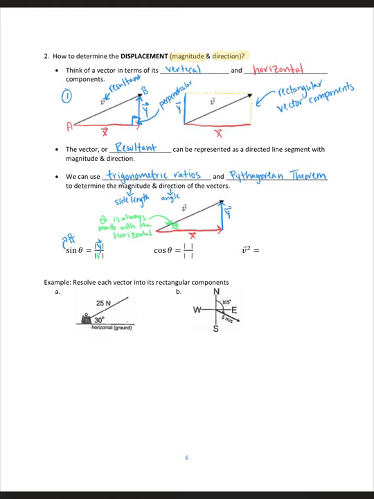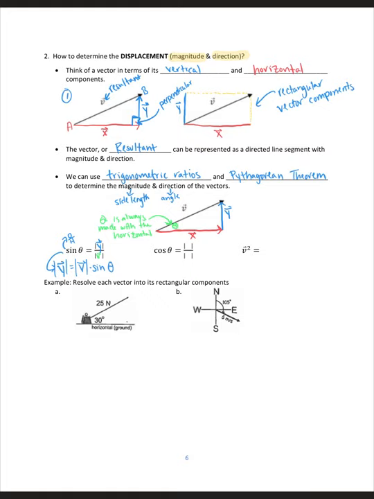So if we wanted to rewrite this in terms of y, if we were trying to identify what is the vertical component of my resultant vector v, then we could simply multiply the resultant over to the other side. So you would get y, the absolute value of y, is equal to v times the sine of theta.